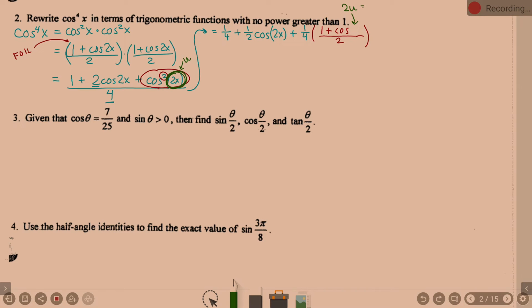And what is 2 times 2x? 4x. It's a trick. Okay? Did we somewhat follow the trick?